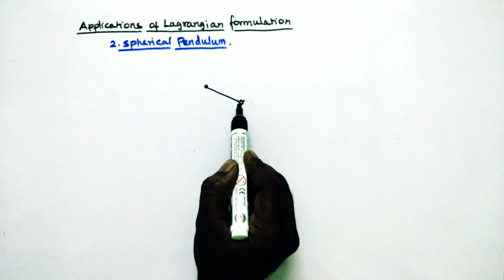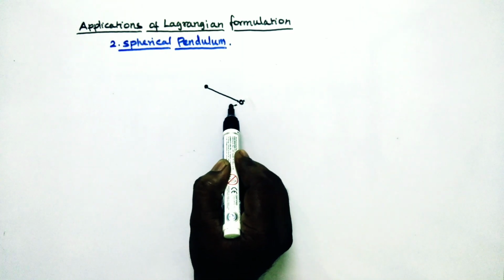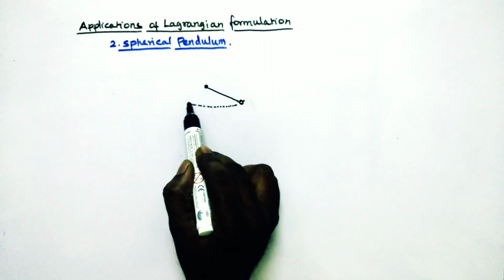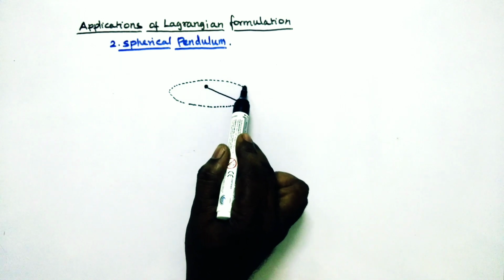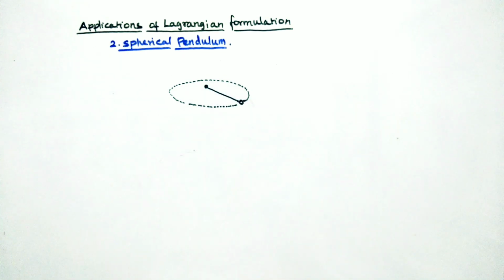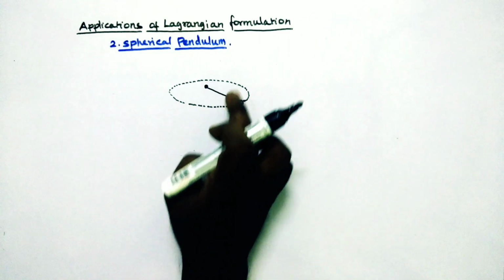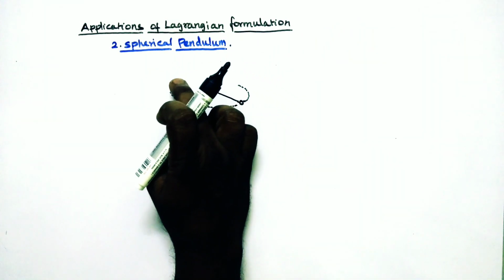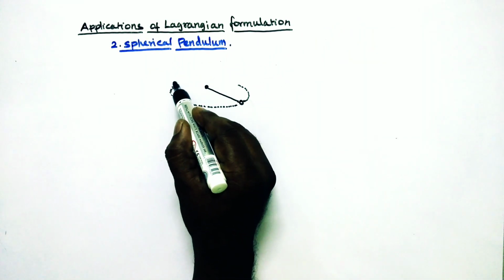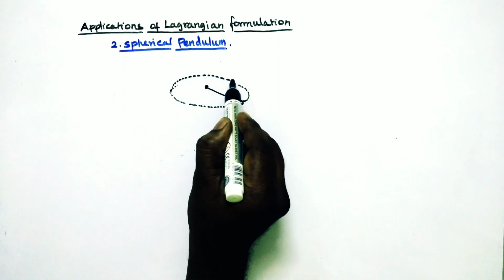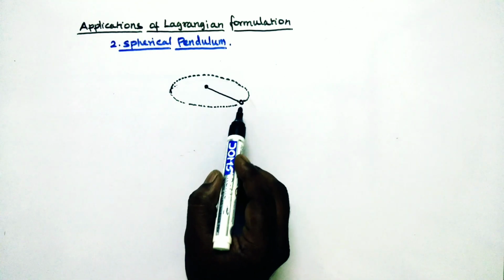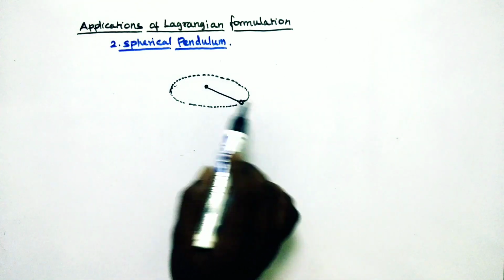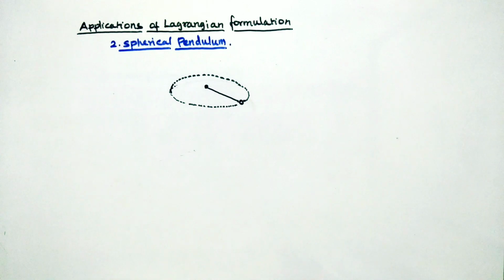Now this particle is moving in a circular path, like this. Okay, now this particle is moving in the same circular path on a spherical shape, or on a sphere.